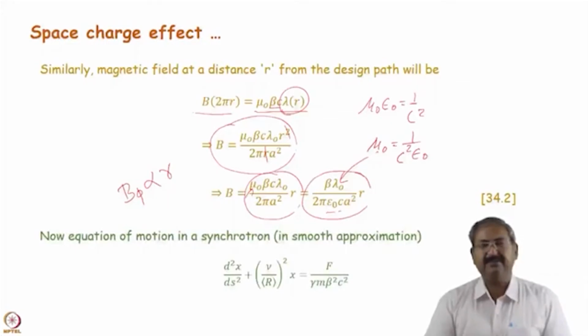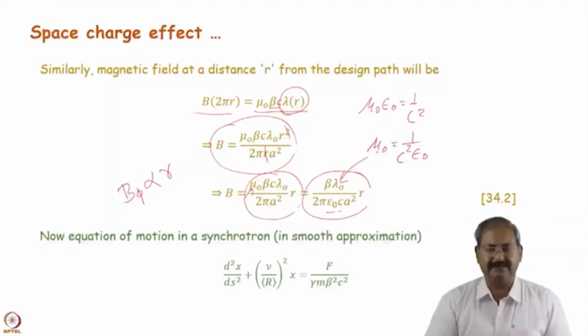Now we will put the force exerted on the particle by this electric and magnetic field in the equation of motion. Now the equation of motion is simplified because we are considering that the effect takes place over many turns. So we can now simplify our Hill's equation using the smooth approximation. What is that smooth approximation?